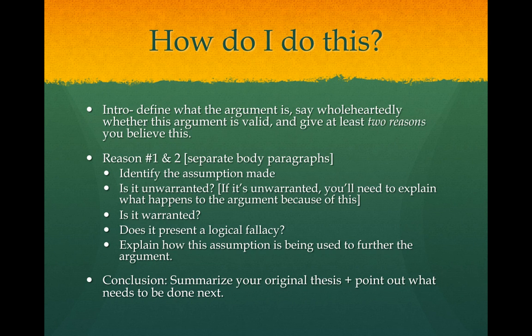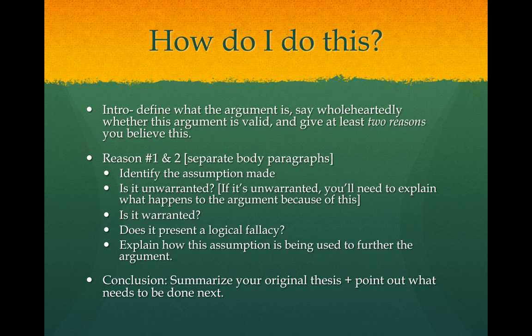And then if you're thinking to yourself, how am I going to be doing this? This is a sample structure that I've created that I think works kind of well. The intro is really where you define what the argument is, and then you explain whether the argument is valid or invalid. And within this intro, you also give two reasons why you believe this.